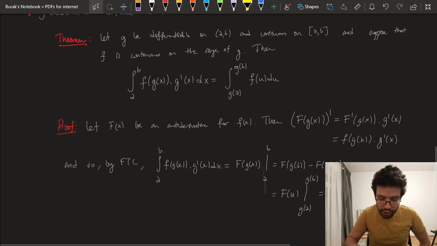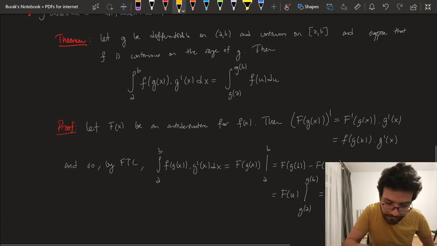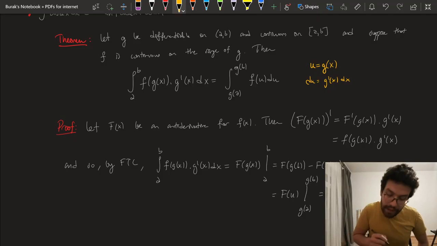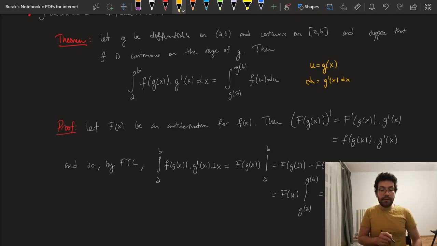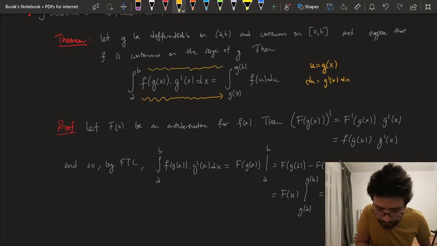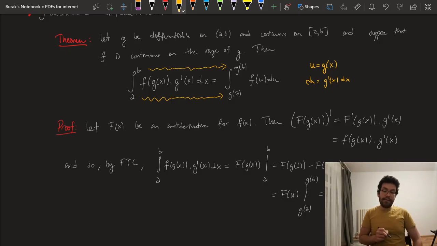If your substitution is u equals g of x, so that du is g prime of x dx, the upper and lower limits of the definite integral change accordingly.